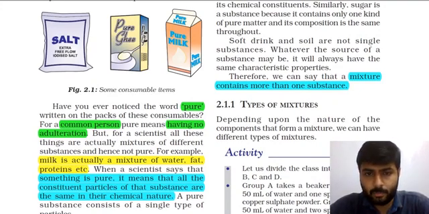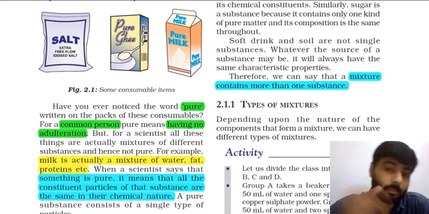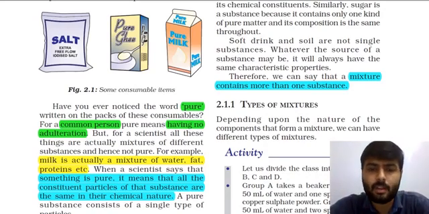Adulteration means to mix something into some other material. For example, if we say the milk is pure, it means it is not mixed with water, or water is not mixed in the milk.